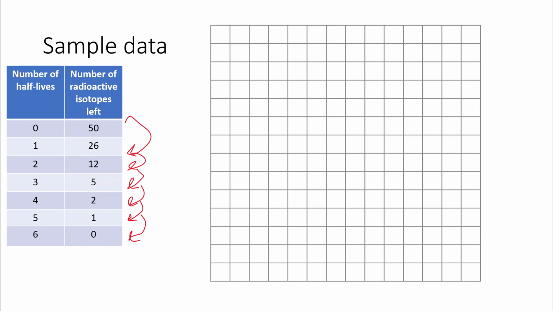So now you have to graph the data. We're going to graph half-lives on the x-axis. I'm going to spread this out a little bit: 1, 2, 3, 4, 5, and 6. And I'm going to label this number of half-lives.